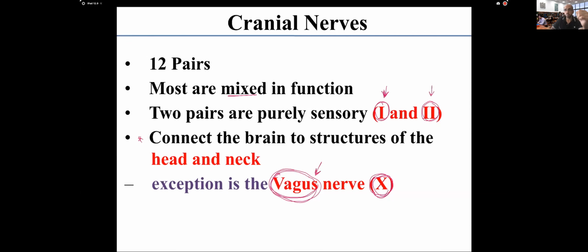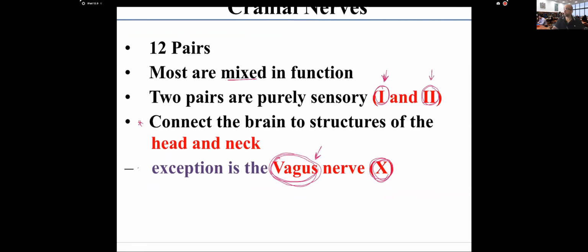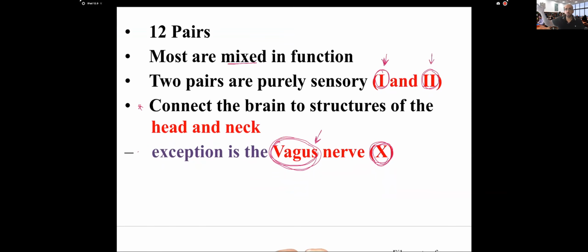It goes outside of the head and neck. This is for you to remember which cranial nerve is supplying organs outside of the head and neck. Again, it's my vagus nerve.